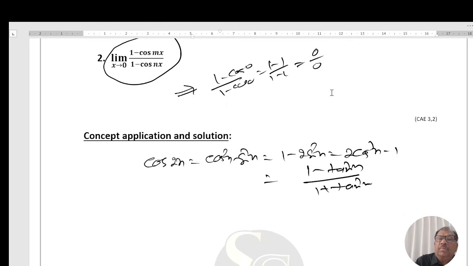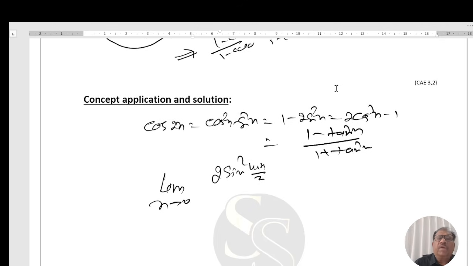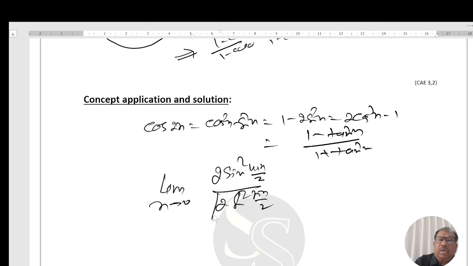Means indeterminate form. We have to manipulate it. 1 minus cos x can be written as limit x tends to 0. We can put directly 2 sin square x को cos mx की जगह इस तरह से पुट कीजिए कि 1 कैंसिल हो जाए. ठीक है, तो इसको लिख सकते हैं limit 2 sin square mx by 2, half angle formula, upon 2 sin square nx by 2. We get again 0 by 0 form.